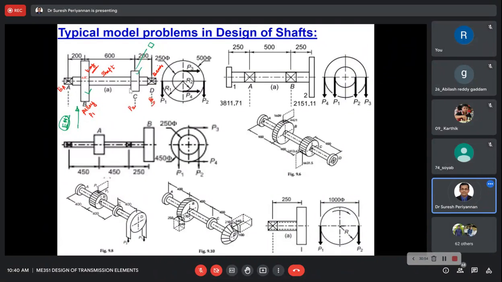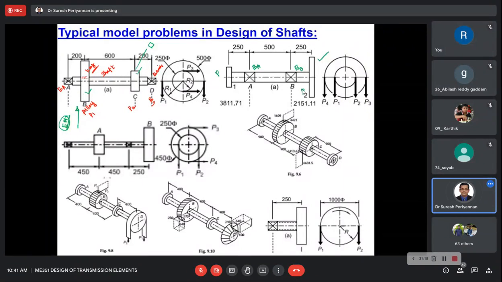Just keep in mind, this is the simply supported beam, but both the pulleys are mounted outside the supports. Now, what type of beam is this? Here this is bearing A, this is bearing B, this is pulley 1, and this is pulley 2.